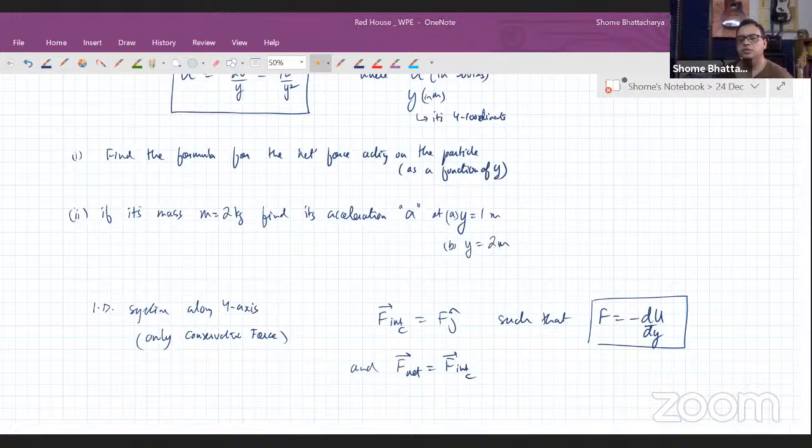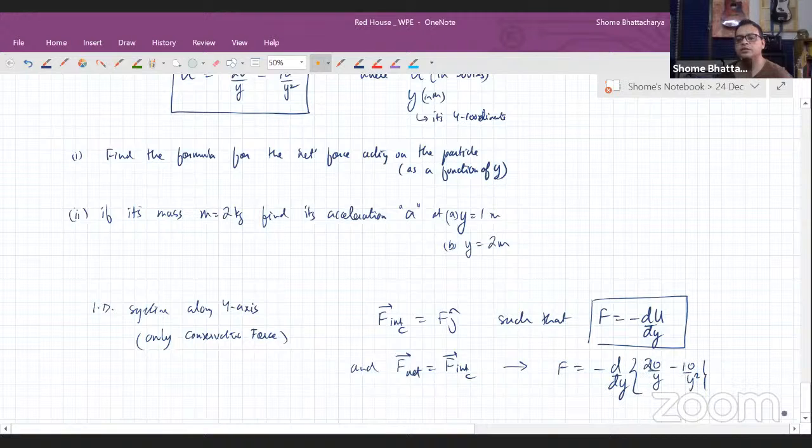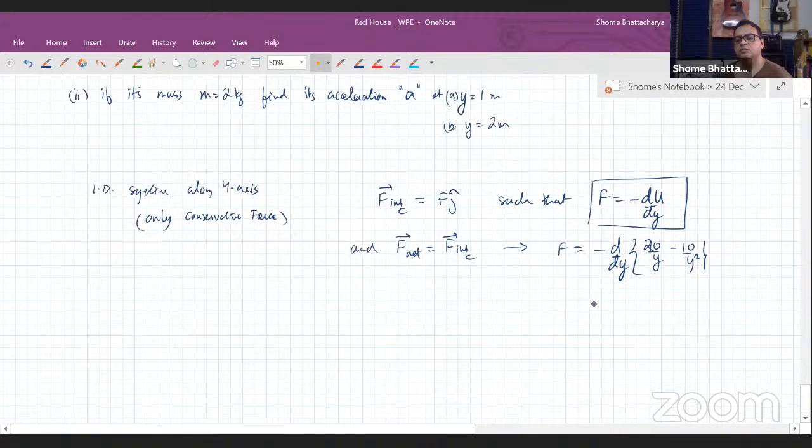Okay, so now this internal conservative force we will calculate by the negative of the gradient with respect to y of that formula, which was 20 by y minus 10 by y square. So minus of 20 into differentiation of y to the power minus 1.